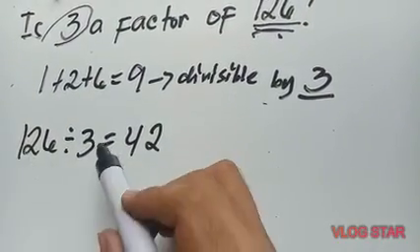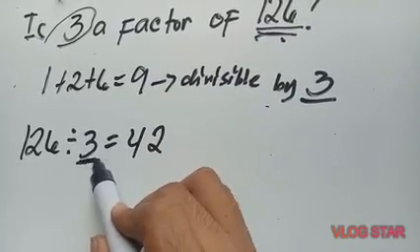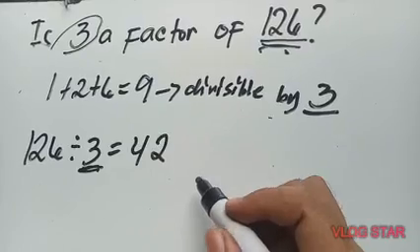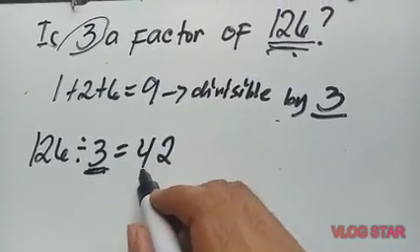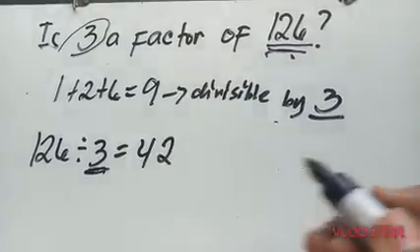So again, 3 is a factor of 126 because there is an exact quotient, or there is no remainder.